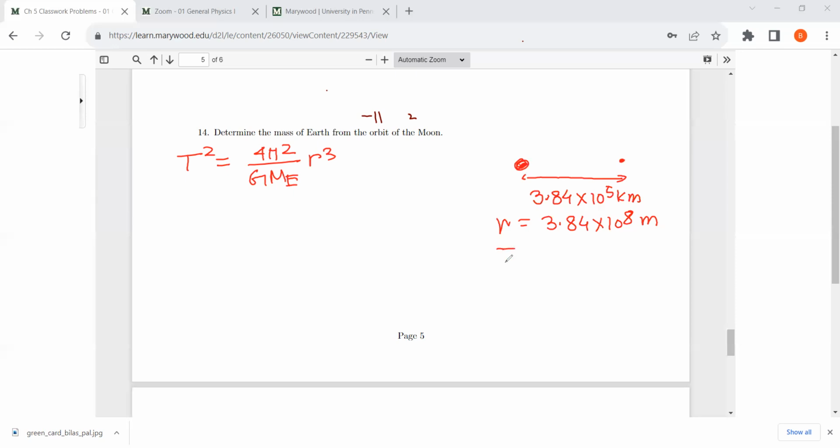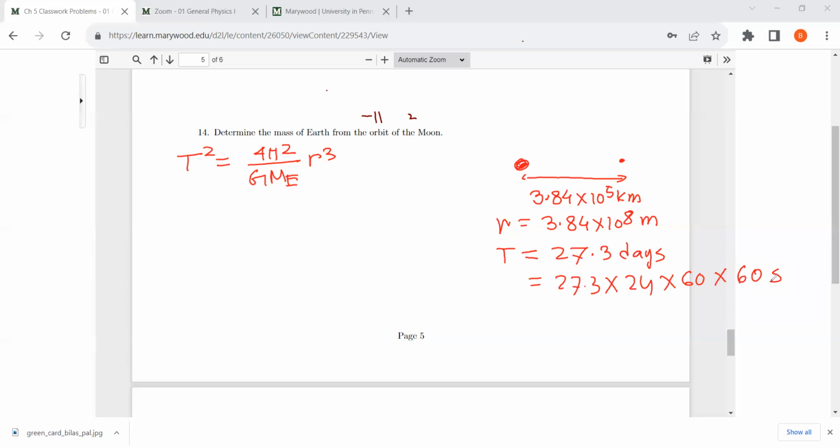And t, in one problem we used t for the moon is 27.3 days, right? So it is basically 27.3 times 24 hours. In one day there are 24 hours, in 1 hour we have 60 minutes, and in 1 minute we have 60 seconds. So the time period is basically this.